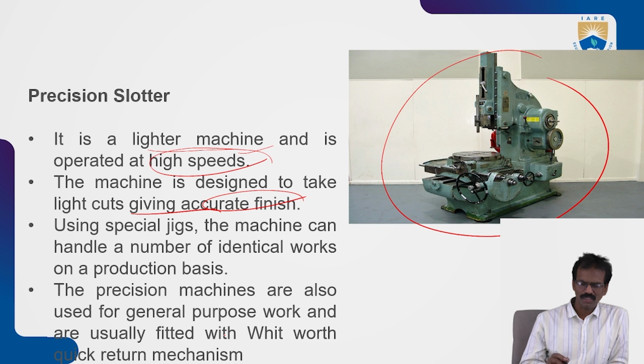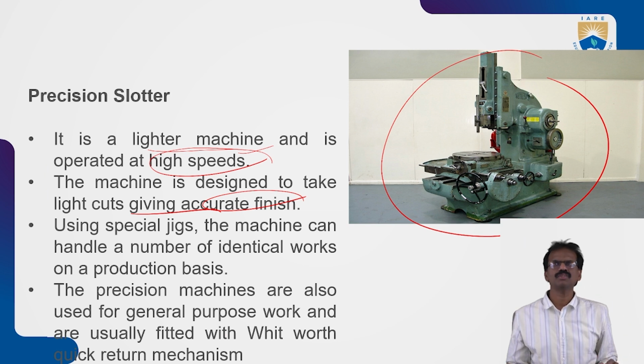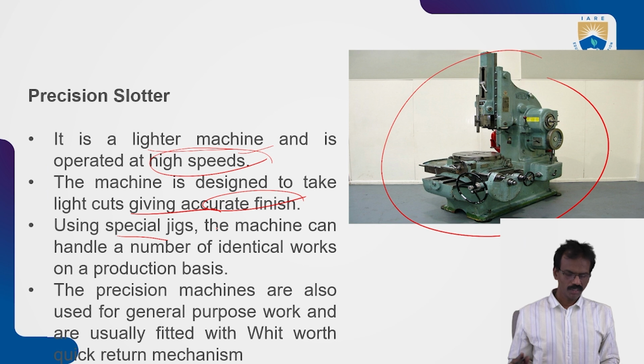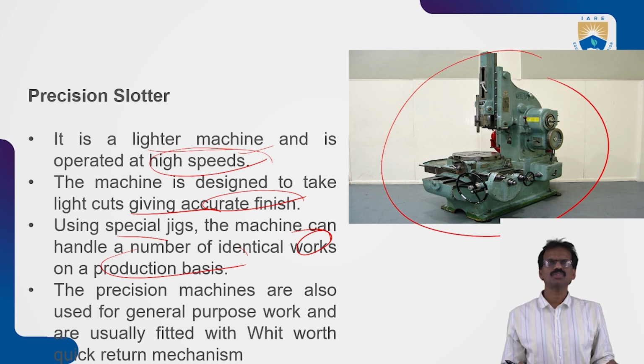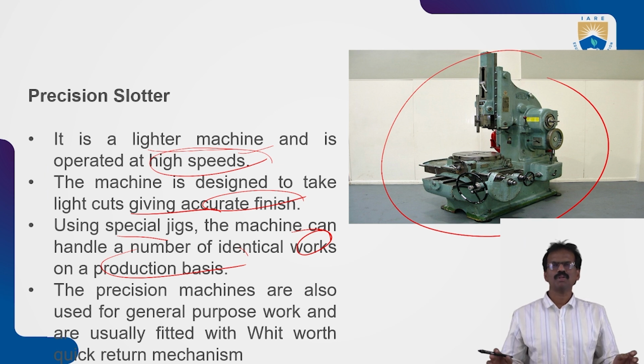For accurate finishing and light cuts, we'll prefer this type of precision slotter. Using special jigs, the machine can handle a number of identical works on a production basis. Same works, identical works can be performed.